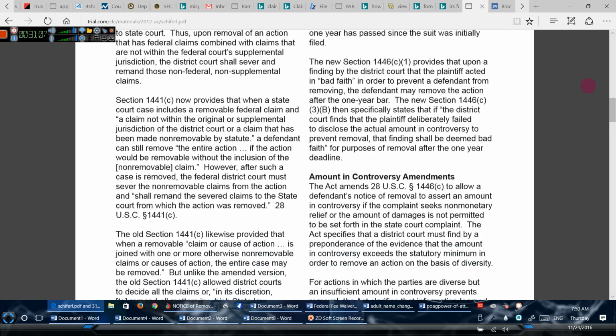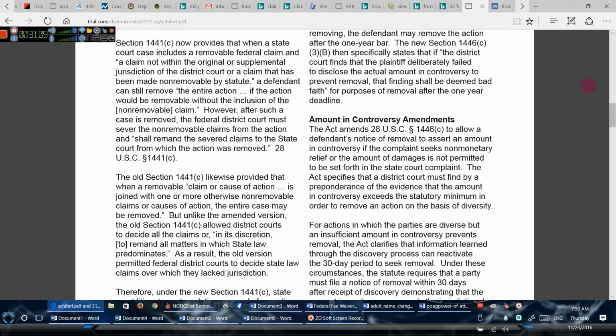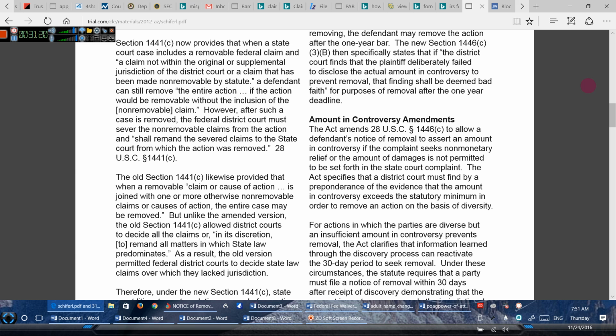Let's do 1441. It now provides that when a state court case includes a removable federal claim and a claim not within the original or supplemental jurisdiction of the district court, or a claim that has been made non-removable by statute, a defendant can still remove the entire action if the action would be removable without the inclusion of the non-removable claim.